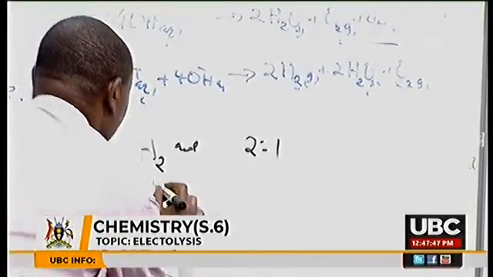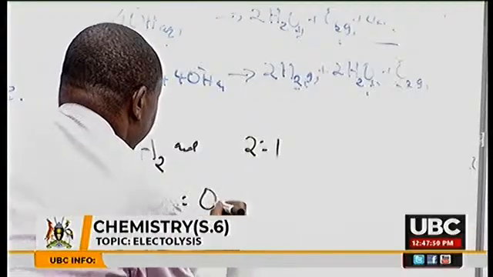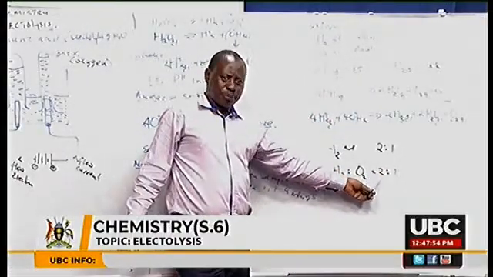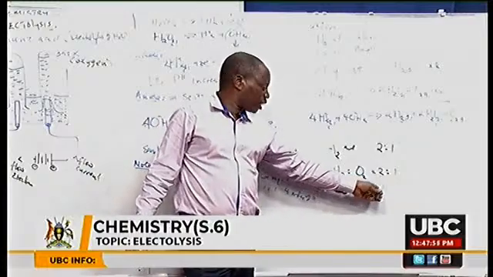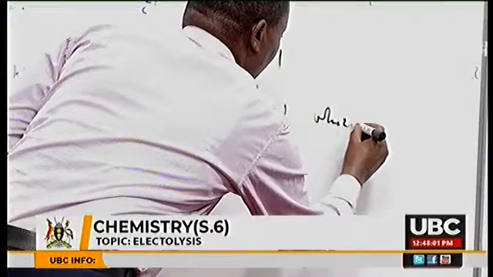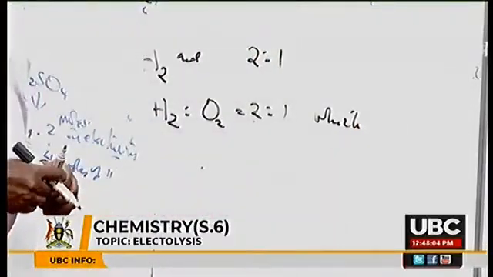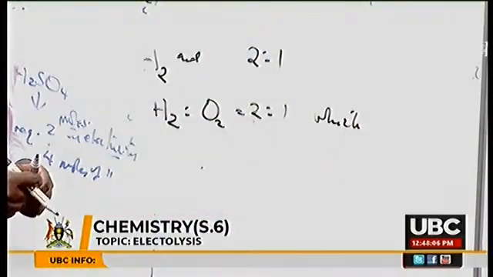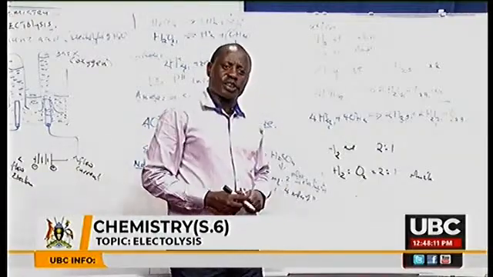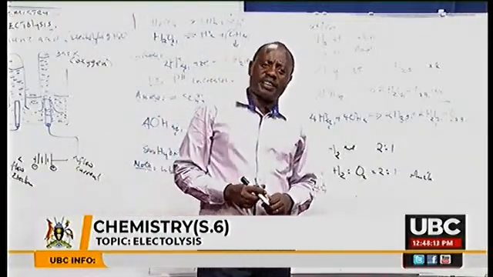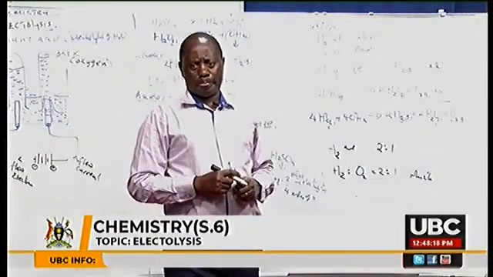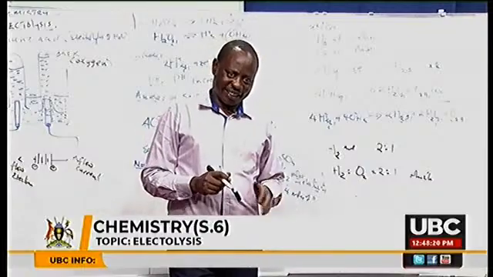For every 2 moles of hydrogen produced, there is 1 mole of oxygen, which is equivalent to electrolysis of water, since hydrogen and oxygen combine in the ratio of 2 to 1 to form water. I don't know whether it is clear.